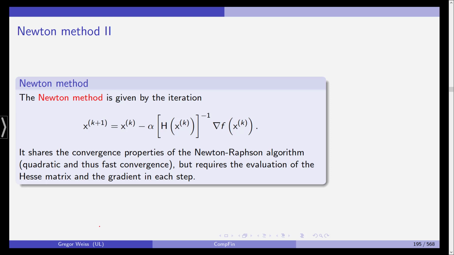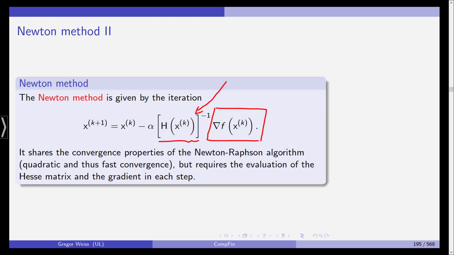The convergence speed is higher, it's quadratic, but you need to evaluate more function values. You have these in the gradient method, but you now additionally need, in every iteration, to evaluate the Hessian matrix.